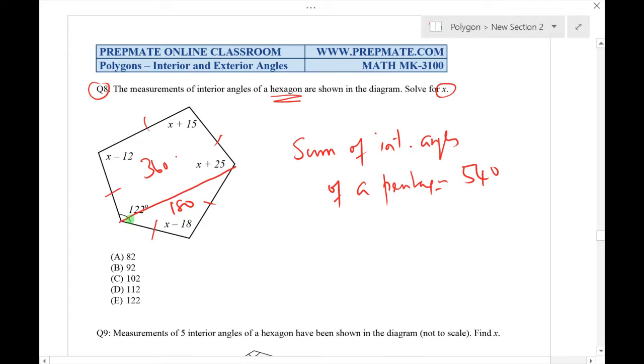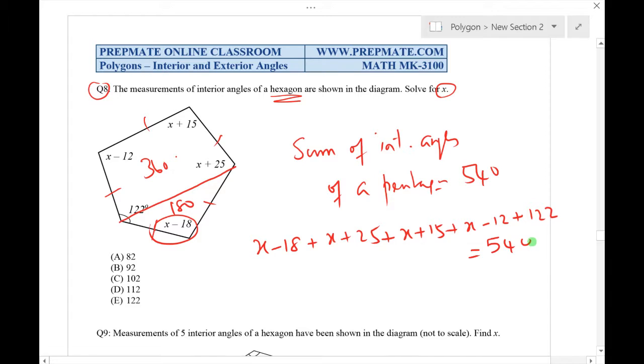So all these values, if you add them, you should get 540. Therefore, I'm going to write, beginning from here, x minus 18 plus x plus 25 plus x plus 15 plus x minus 12 plus 122 should equal 540. Do you understand that?